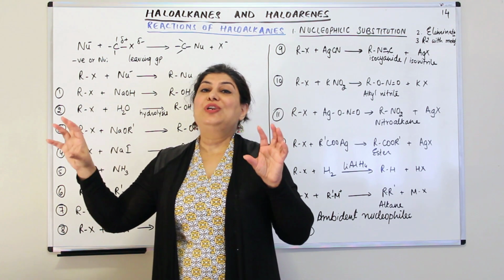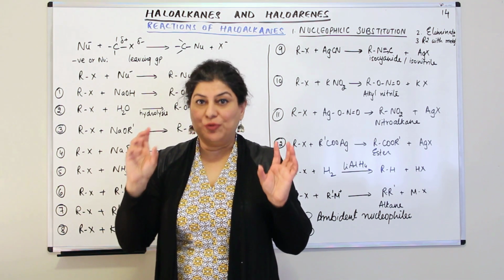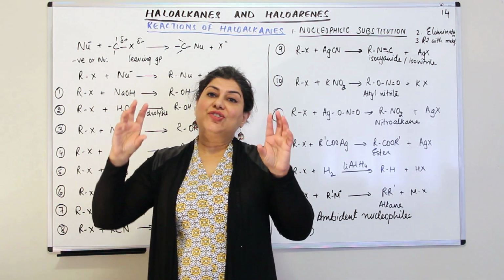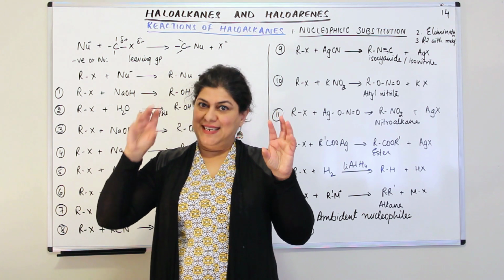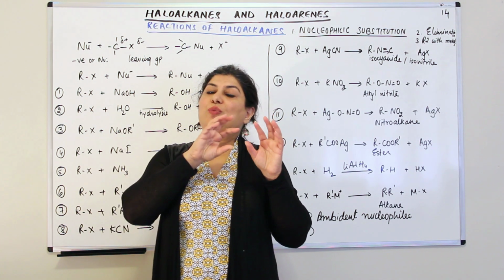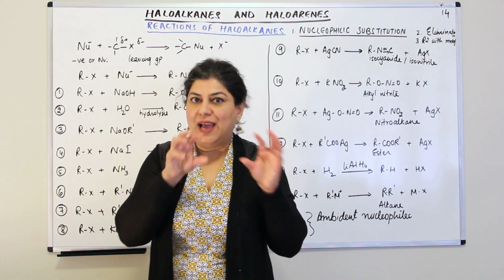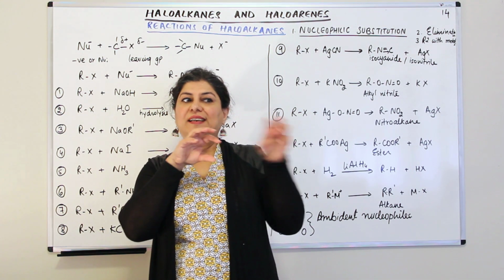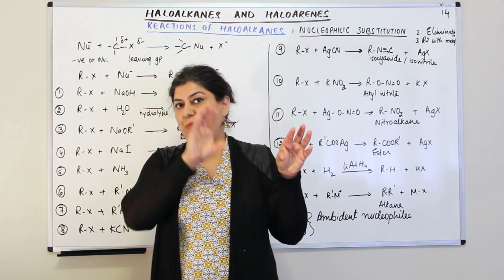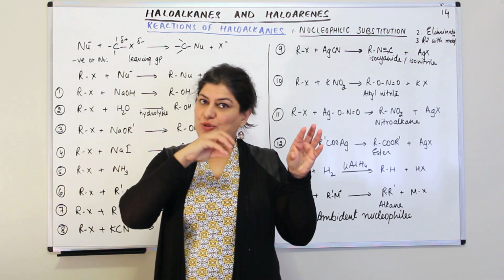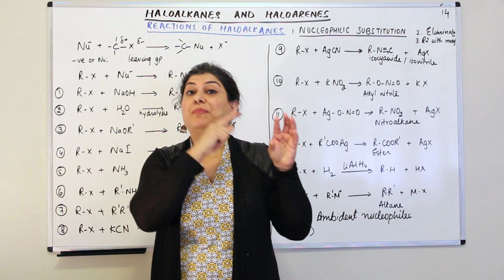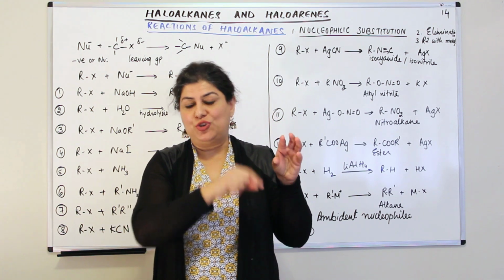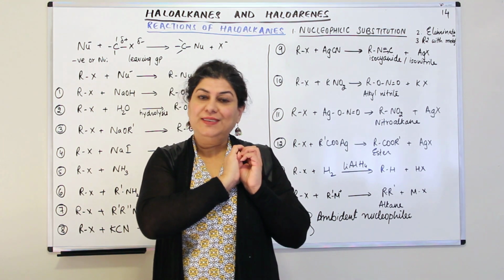So a nucleophilic substitution reaction would be one where the nucleophile, which itself is negative, is attracted towards the positive part of the haloalkane. What will be the positive part? Anything other than the halogen would be the positive part. So it is attracted to the positive part, but it replaces or substitutes the halogen, right?